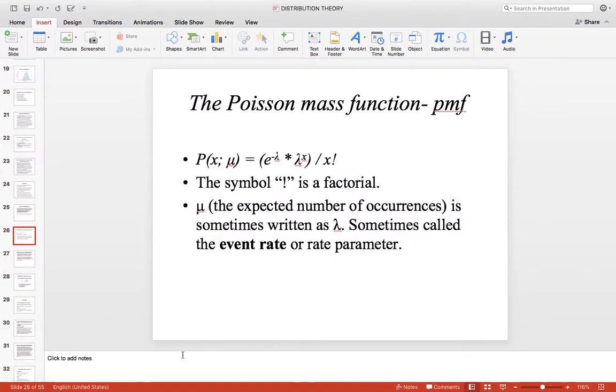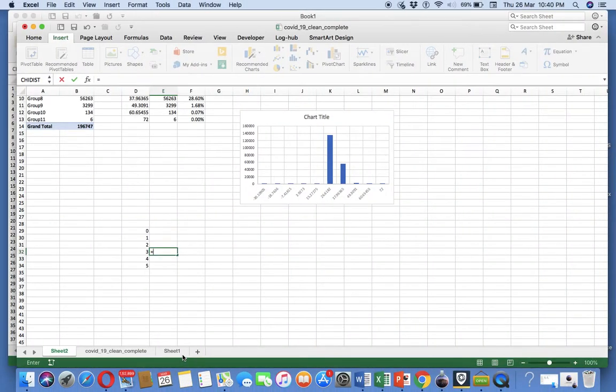e raised to the power of. Now e is a natural exponent. In Excel it's just the exp function, or it takes a value of 2.71828.